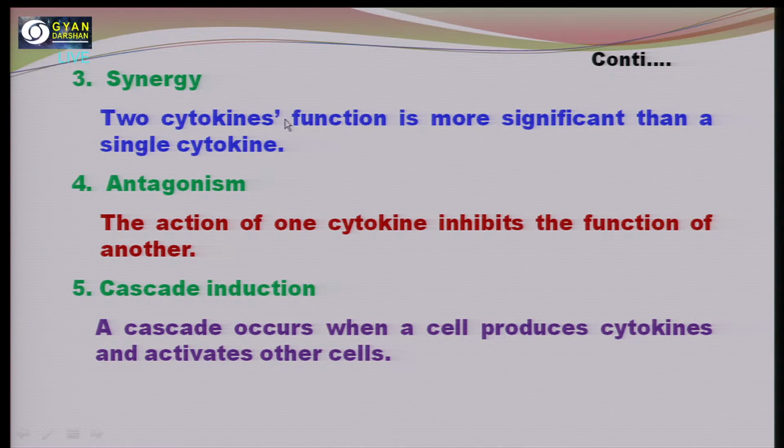It is another characteristic of the cytokines. Antagonism: the action of one cytokine inhibits the function of another. And cascade induction: a cascade occurs when a cell produces cytokines and activates other cells. So these are the different characteristics of the cytokines.